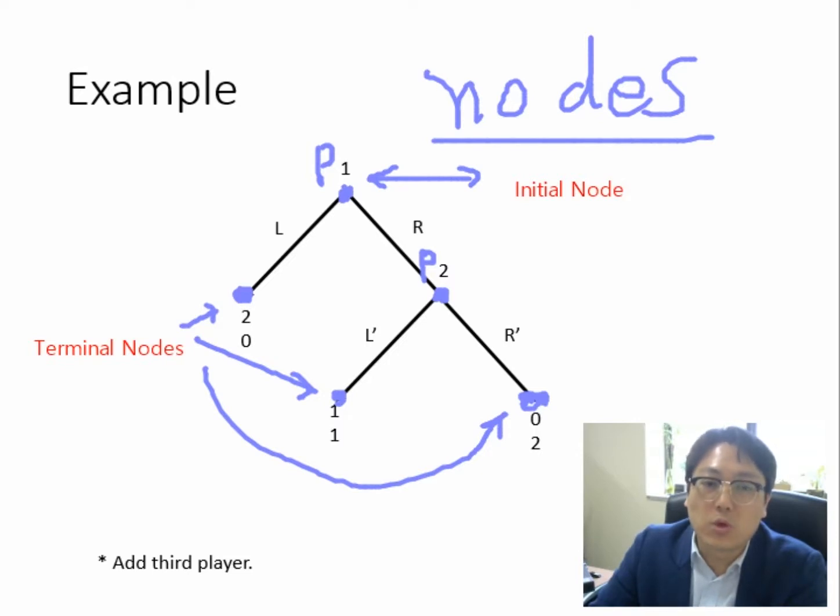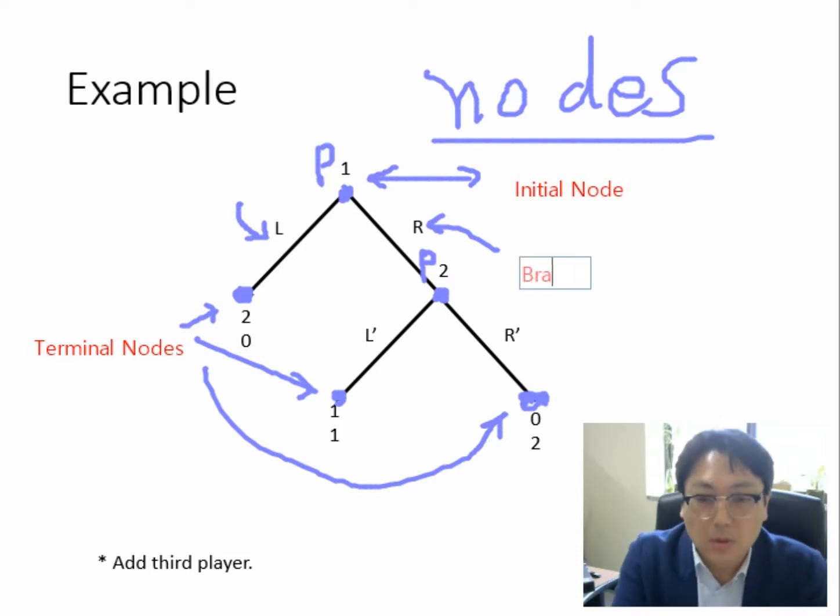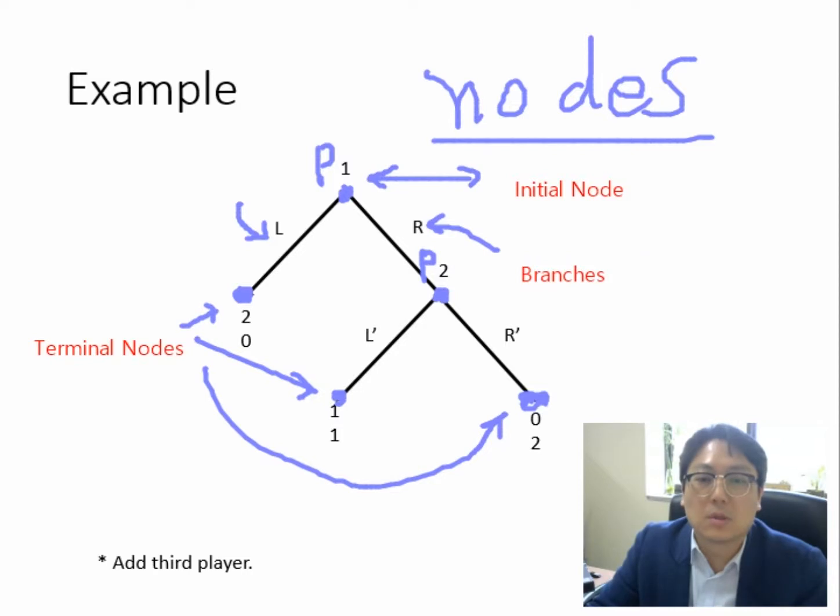Okay, and we call these branches. So a branch represents what kind of action the player on the previous node can choose.